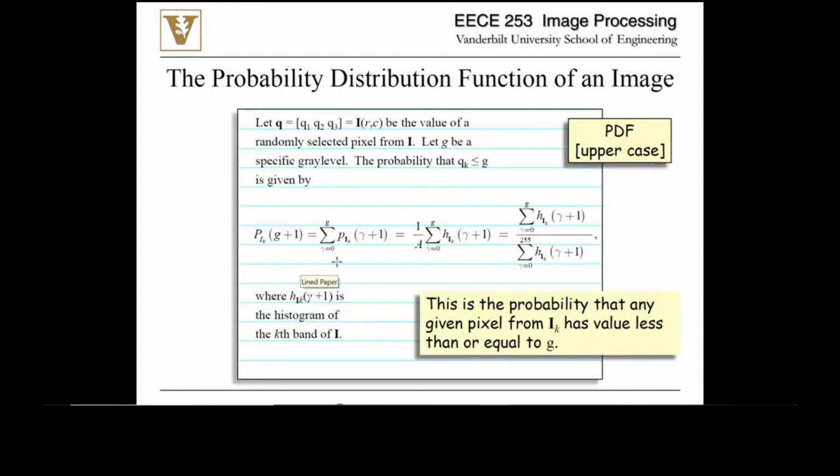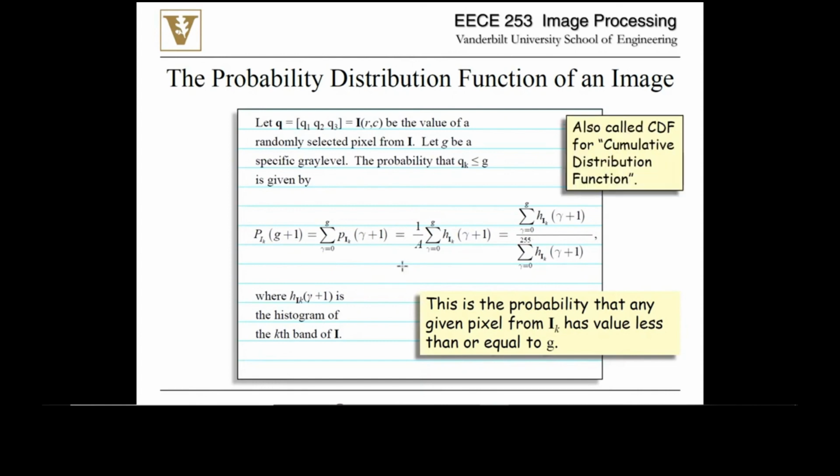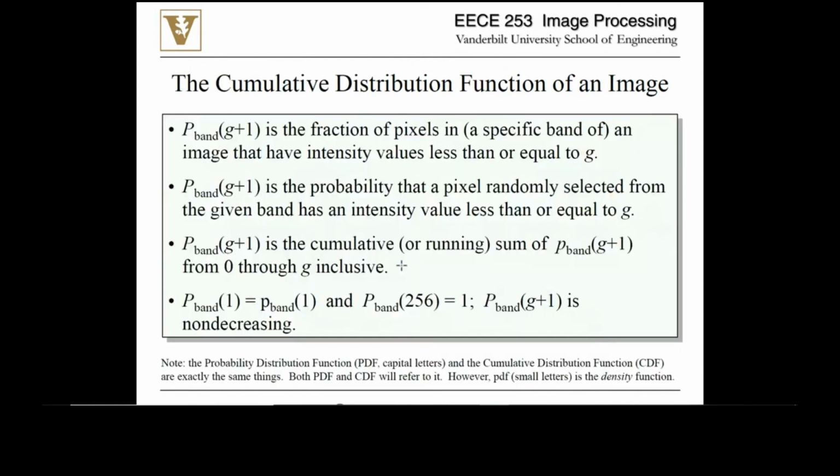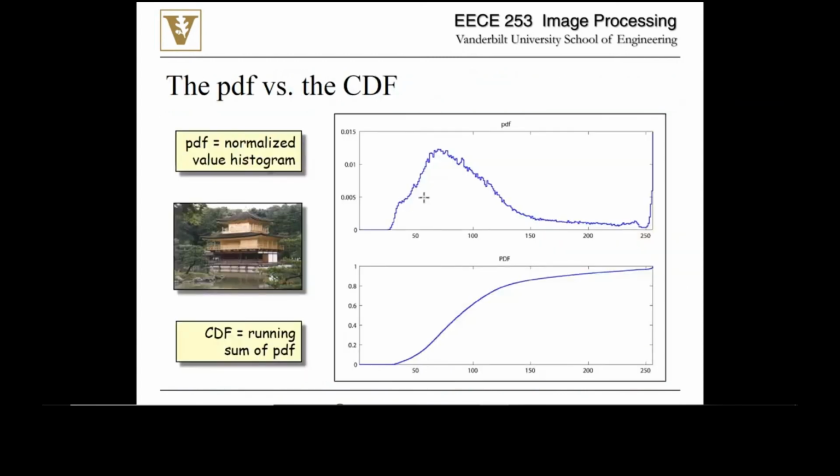And you can accumulate that probability density function. And the reason this is here is because we can use these cumulative distribution functions as transformations, as the lookup table for the point transformation.